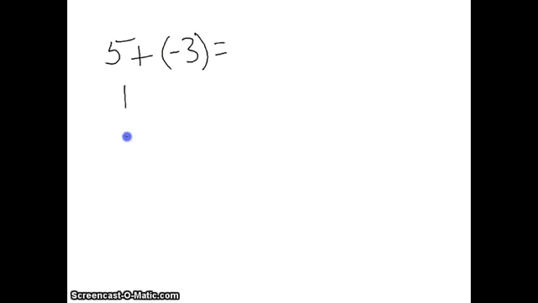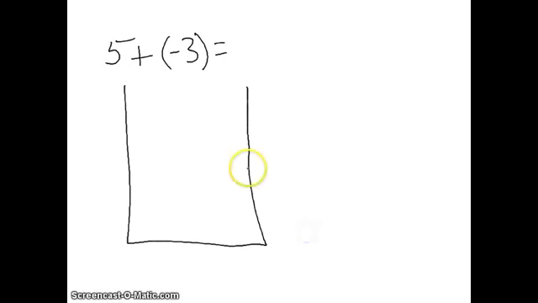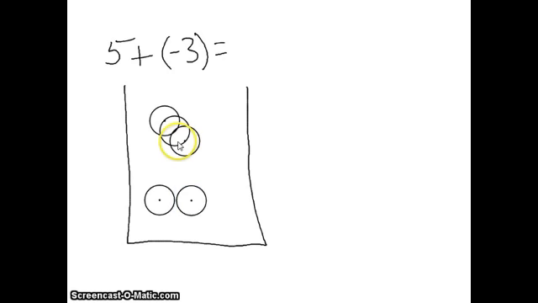So what I like to do is start with visualizing some kind of container. And in the container, you have 5 positive chips. So let me just generate 5 of those. 1, 2, 3, 4, 5. And so let's make them positive.